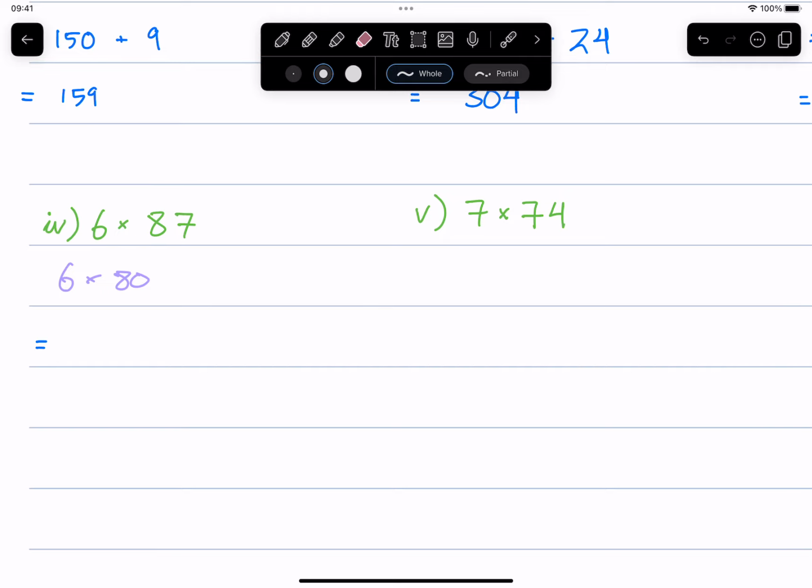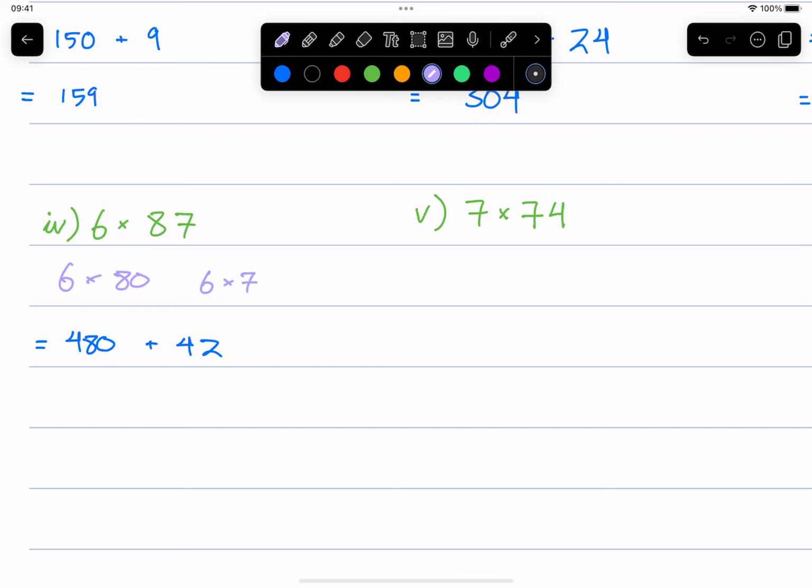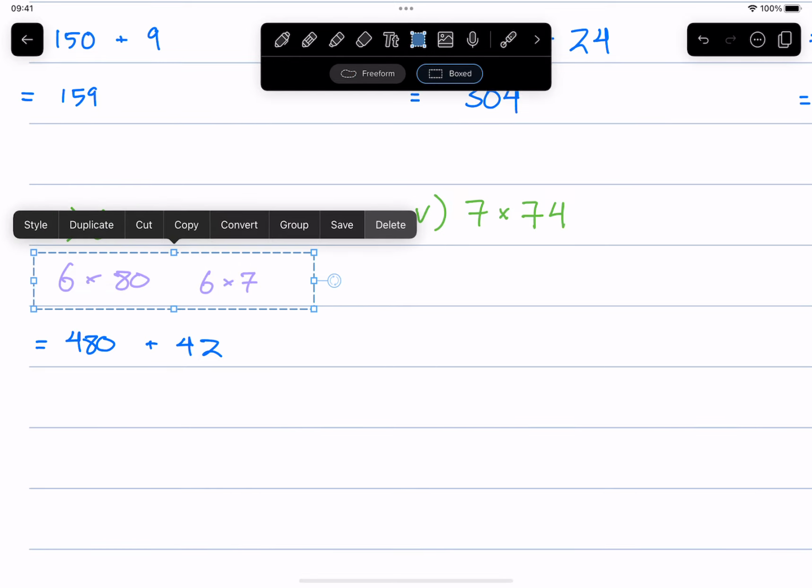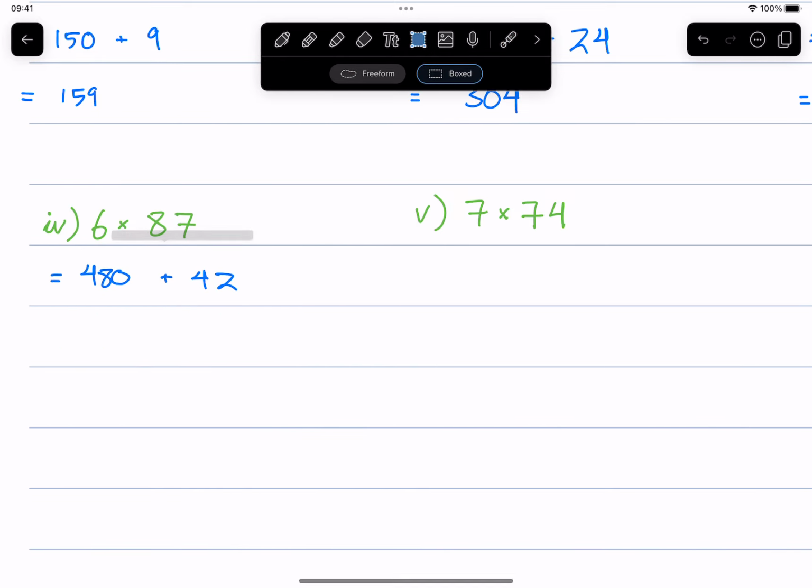Well, 6 times 8 is 48 with a 0 is going to be 480. And plus 6 times 7 is 42. Now remember, in my mind, I have this happening, but we actually don't need to write that out at all. And just adding these two together, that's going to be 48 plus 4 is 52.